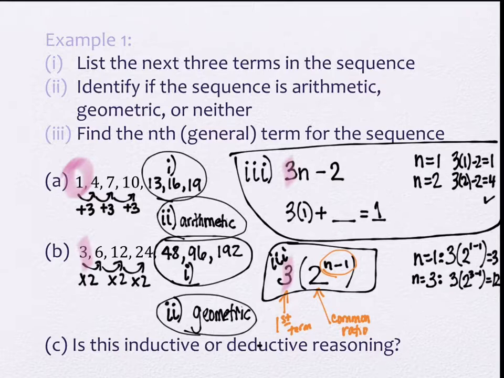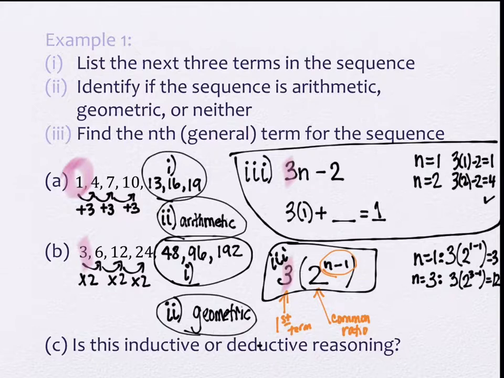Okay, question. Is this inductive or deductive reasoning? Flip back to the front of your first page, where it discussed the difference between the two. What do you think?